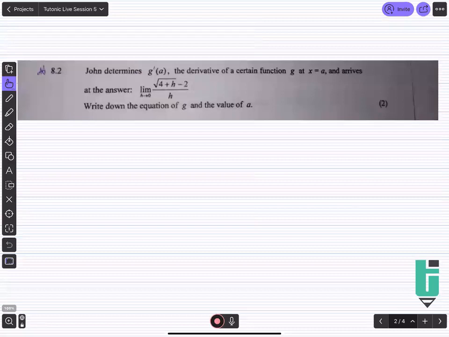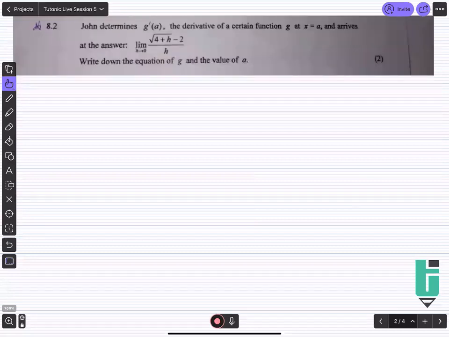Yes, I remember this. So John determines the derivative of a certain function at x equals a, and he arrives at that. Okay.